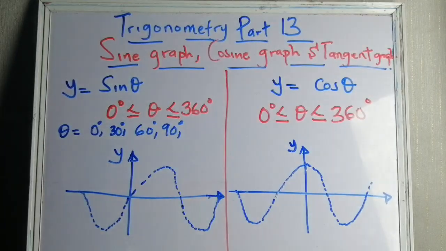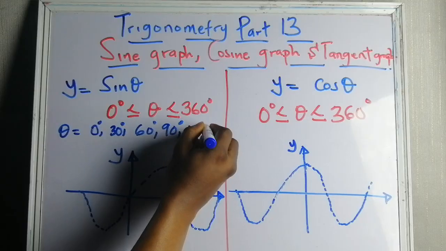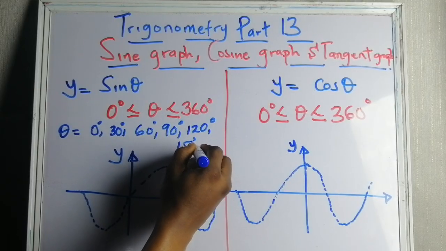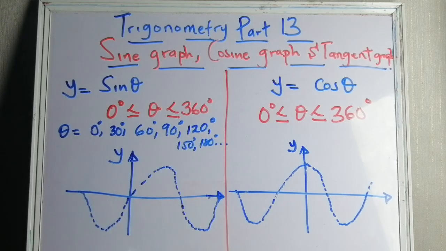That is, it's increasing by 30, 30, 30. Then I can say 120 degree, 150 degree, 180 degree, like that. You can continue to increase it until you get to 360.